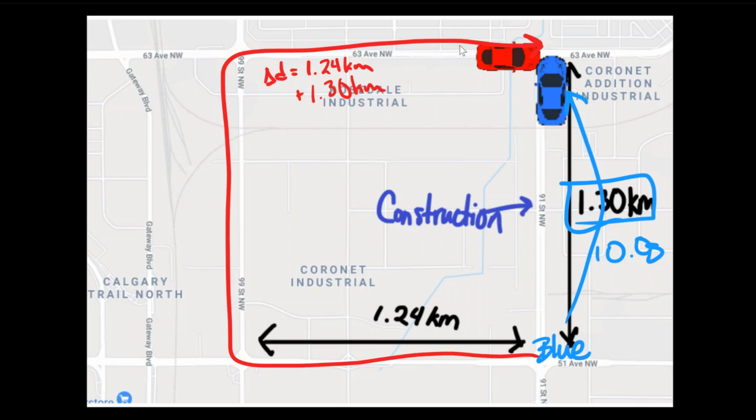And then it backtracked on 63rd Ave the same distance that it originally went, 1.24 kilometers. Perfect. So when I add all that up, it's 3.78 kilometers. And it took a total time of 12.0 seconds for that to happen.